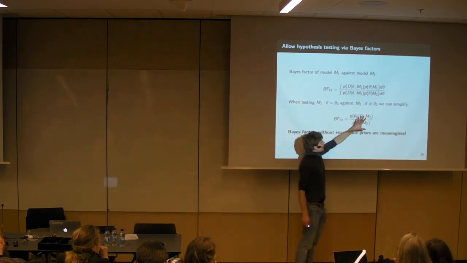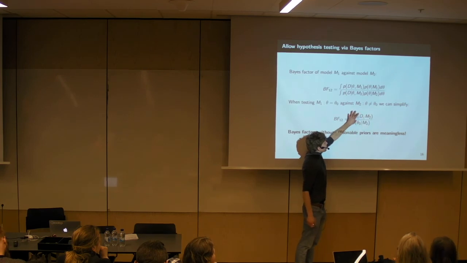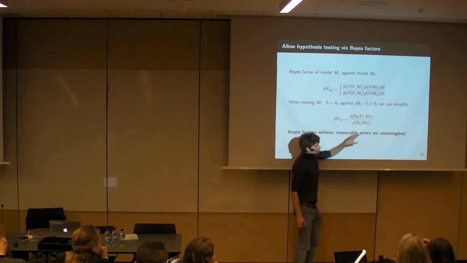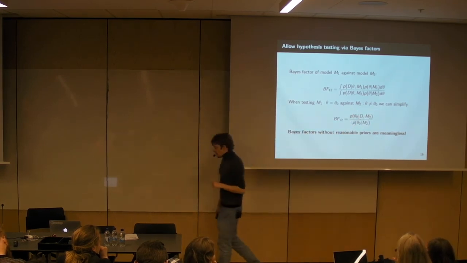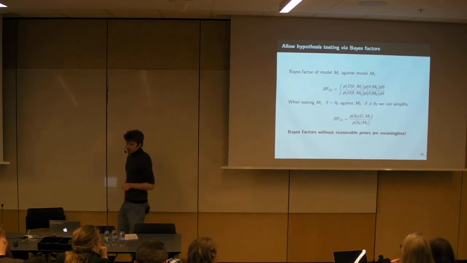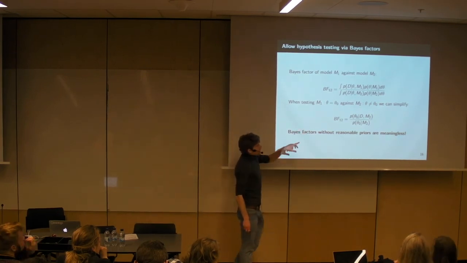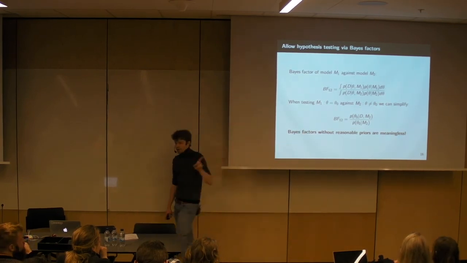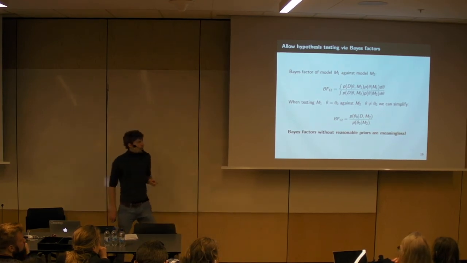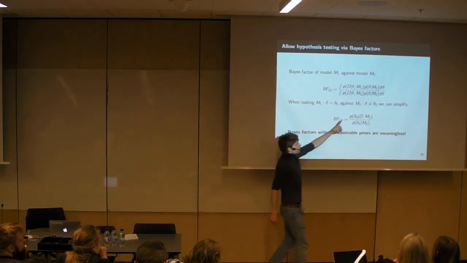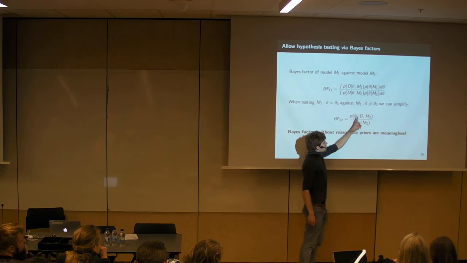So we're just comparing the size of the posterior density of the more complex model to the size of the prior density of the more complex model. And what we see in this equation is that the prior is super important for our Bayes factor because it's one of the two most important parts in this equation.